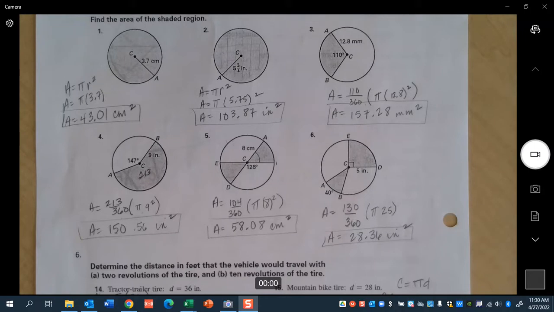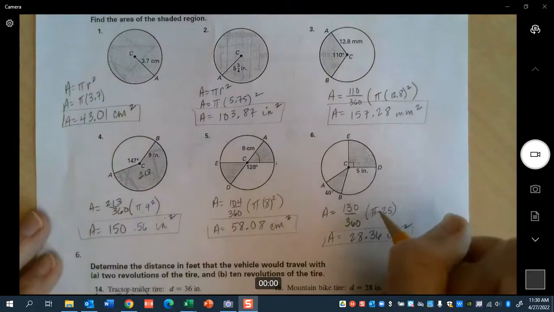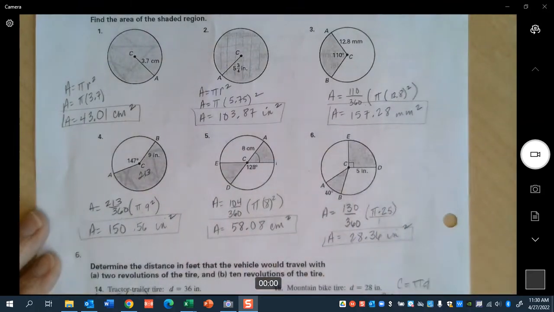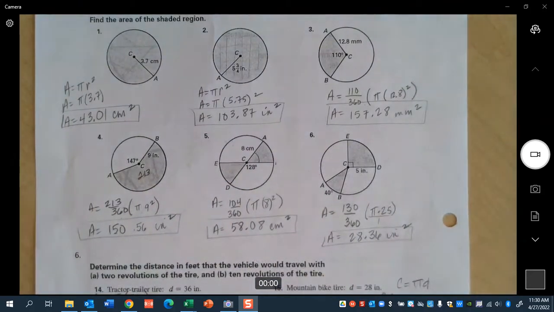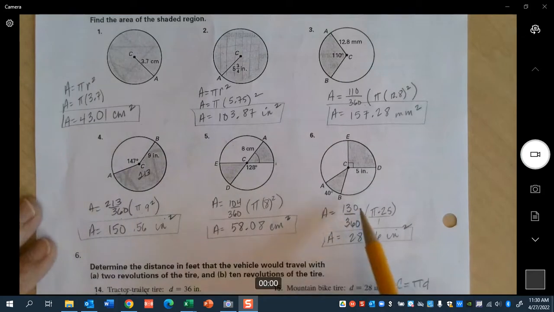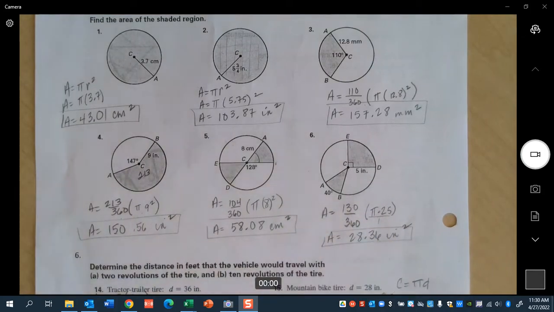And you put the pi, like the pi 25 over x? So if it's 25 times pi, that's in my numerator. Okay. And then multiplying fractions is no problem, top times top, bottom times bottom.